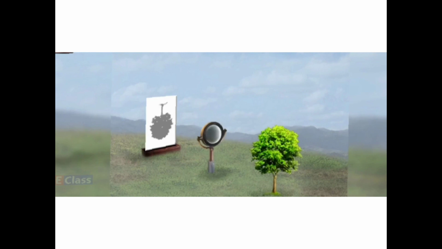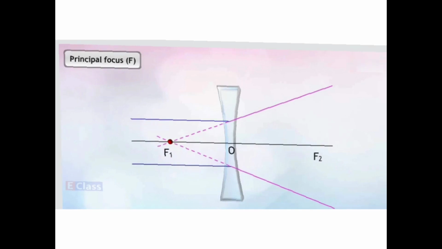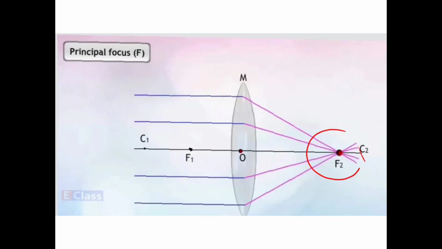Okay, so maybe here you got the inverted image of it, right? Now the distance between this lens and the center point of this screen is the focal length.